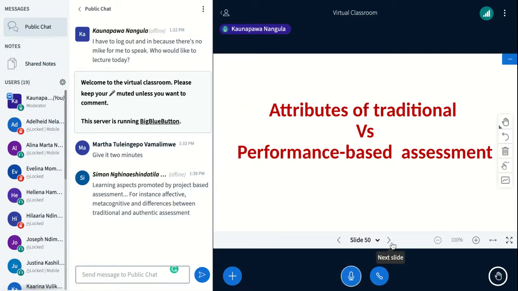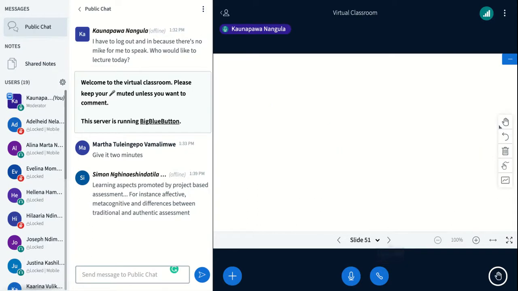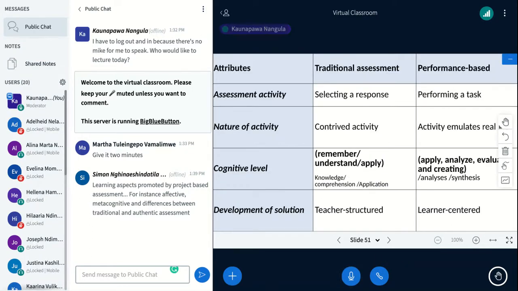Great. And today we are going to look at the attributes of traditional versus performance-based assessment. So where are we? Just give me 1 second. Yeah, that's what we're going to look at, the attributes. Where are the attributes?